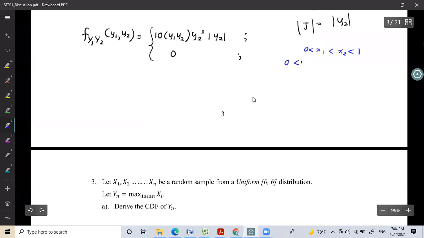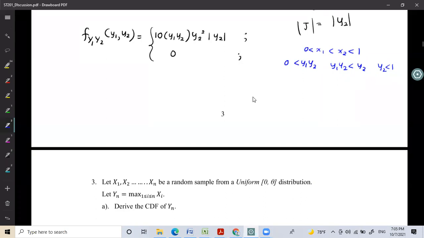What is x1? x1 is y1, y2. And from x1 less than x2, what do you get? You have y1, y2 less than y2. And then x2 less than 1 means y2 less than 1. So from this, what can you get?